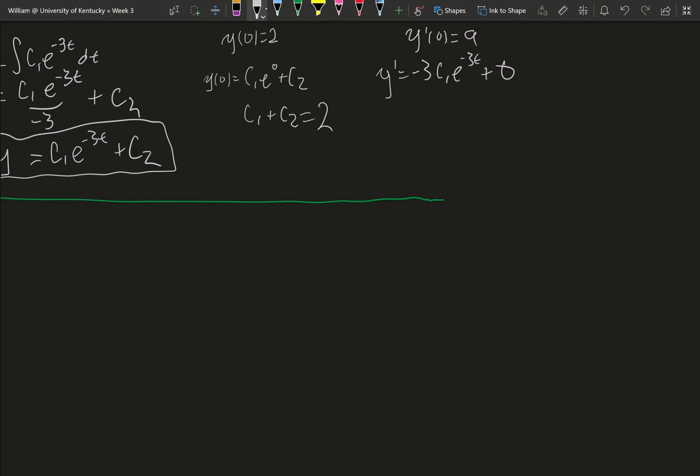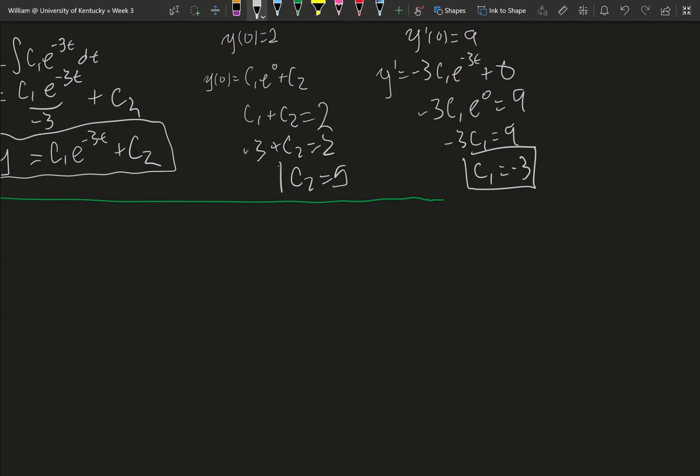Now y prime of 0: we have negative 3c1 e to the 0 equals 9, and so negative 3c1 equals 9. Just dividing through, this tells us c1 equals negative 3. Now we can go back here, negative 3 plus c2 equals 2, so c2 has got to equal 5.